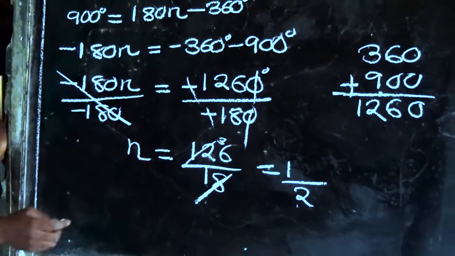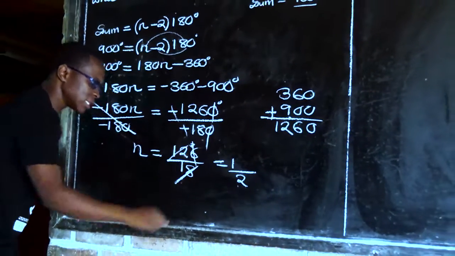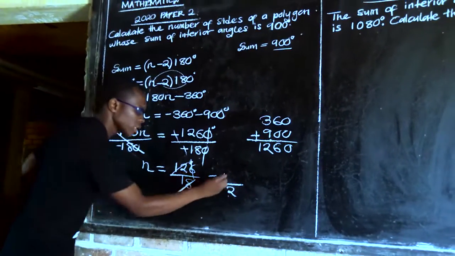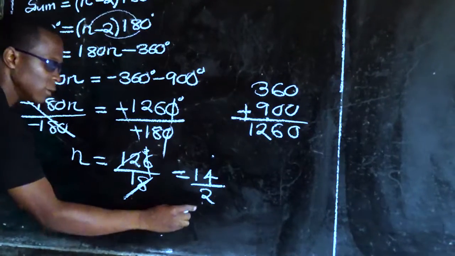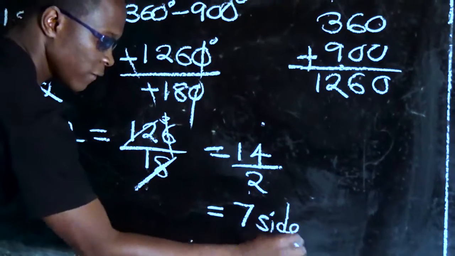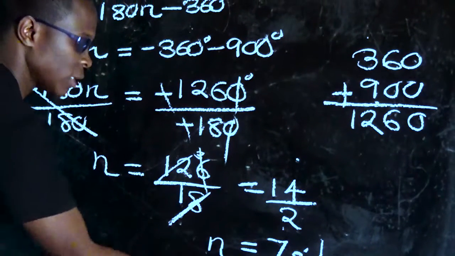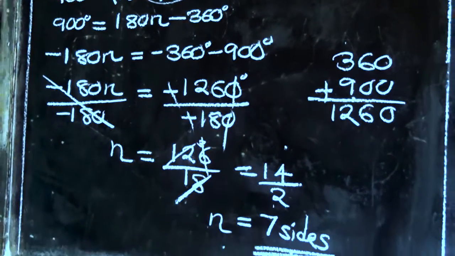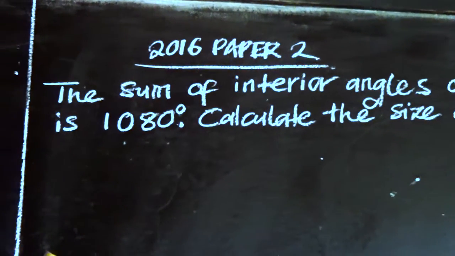This one becomes 36. Are we together? Yes. Then 9 into 36 is 4. So this is 14. Then just divide and say 2 into 14 is 7. So n is equal to 7 sides. Are we together? Yes.